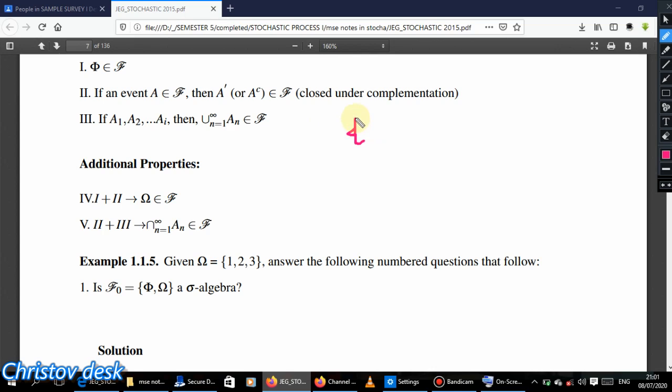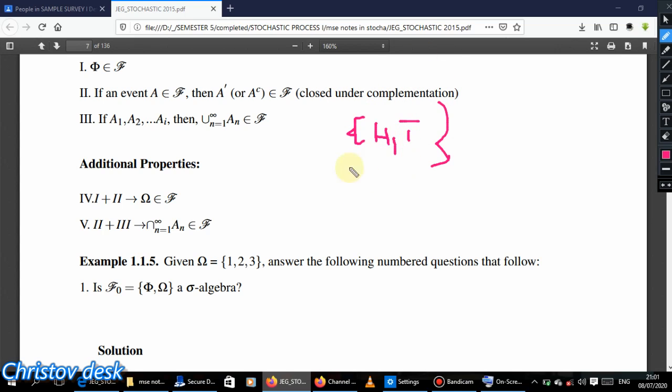Let's say you are tossing a coin once, so you have a head and a tail. These are all you have, so this is the set you have. What are the possible events?